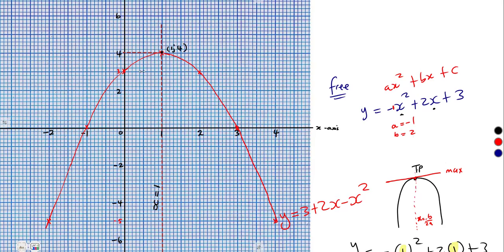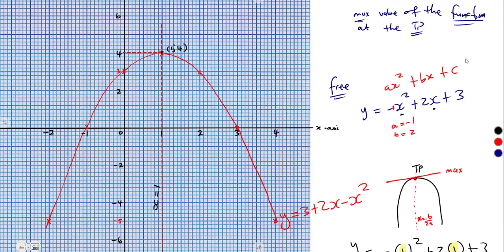So meaning to say, the maximum value of the function or the graph that we are given is going to happen at the turning point, at the maximum turning point. What is the value of y? That is 4.